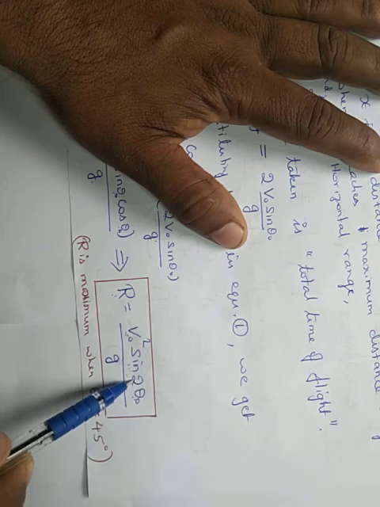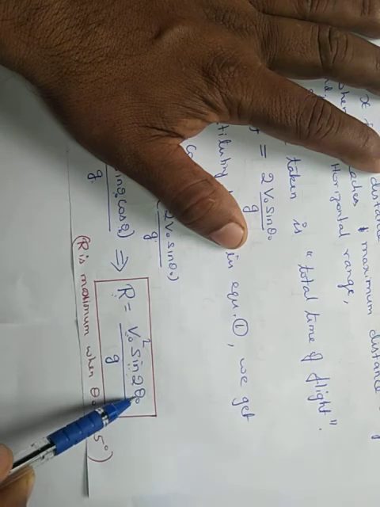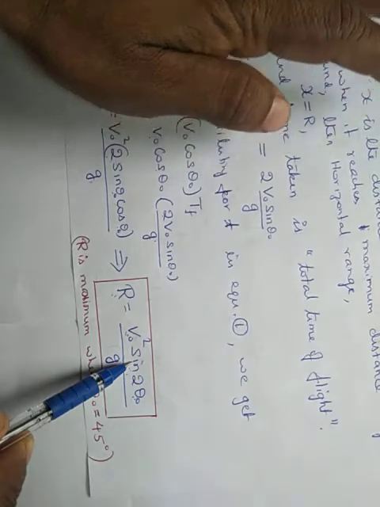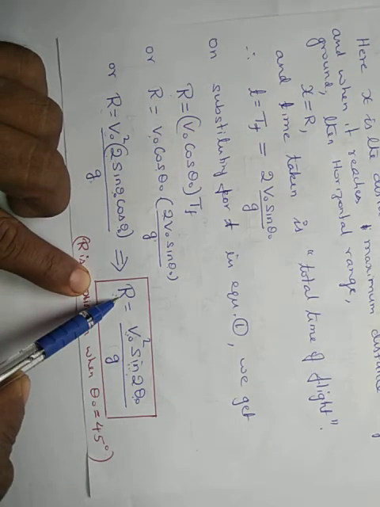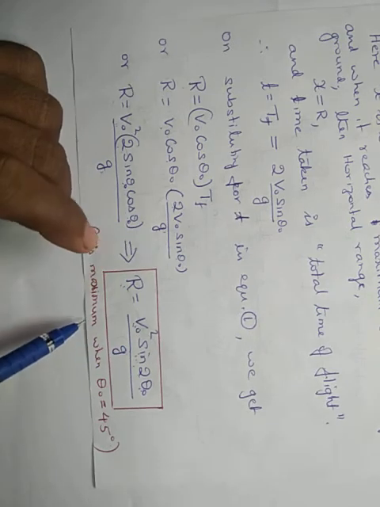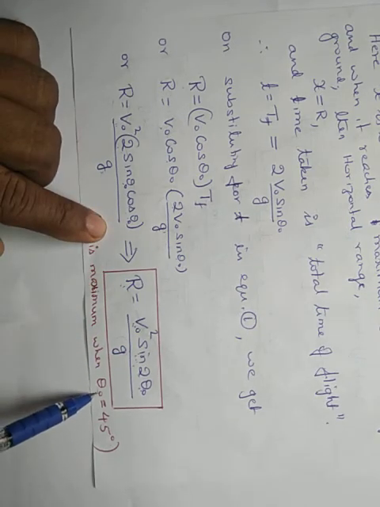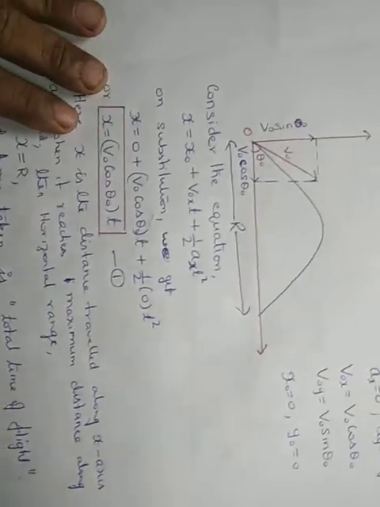45 into 2 is 90. So sine 90 is 1, and R will be maximum with respect to V naught. So R is maximum when the angle is 45 degrees.